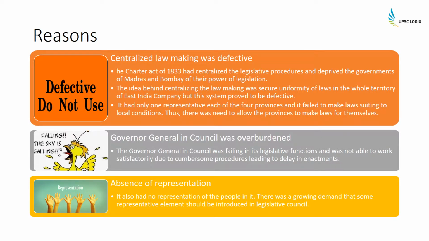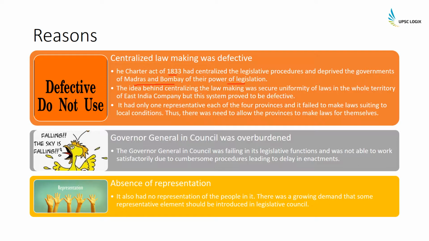Let us have a look at the reasons why the Councils Act of 1861 was required. Number one reason was that the centralized lawmaking process was found to be defective. The Charter Act of 1833 had centralized the whole process of legislation and taken away the powers from Madras and Bombay to make their own legislations.